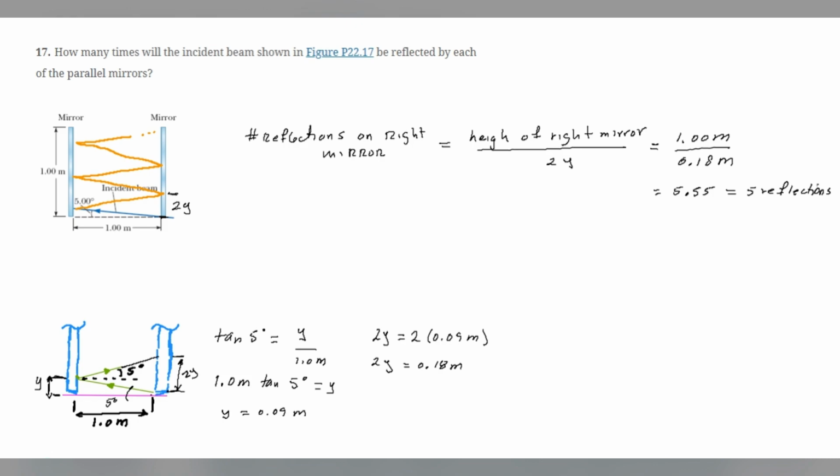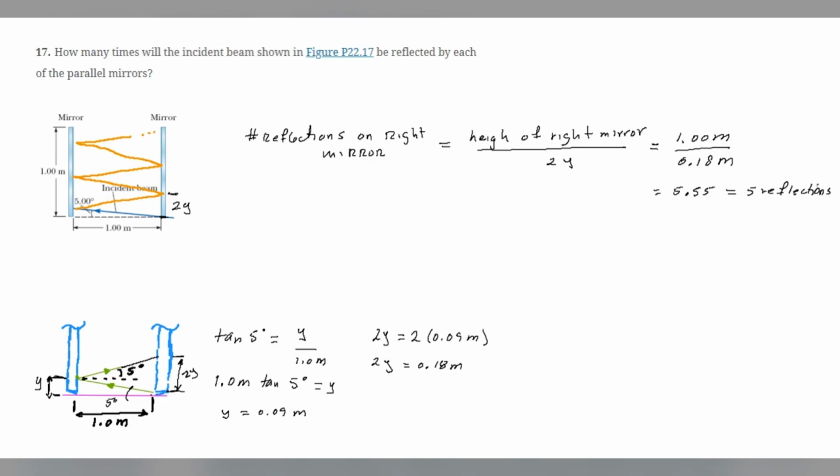So you have to round down, right? Because that 6th reflection is not really going to hit the mirror. There is no mirror to have the 6th reflection.